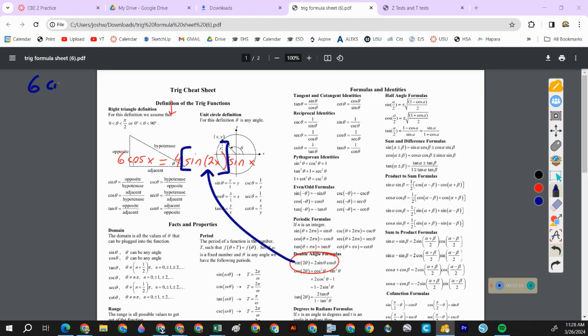So 6 cosine of x equals 4 times 2 sine of x cosine of x times the sine of x, which simplifies down to 6 cosine of x equals 8 sine squared. And they're all x's now, so I'm going to stop writing them. Sine squared cosine. All right, let's look at this for a second.